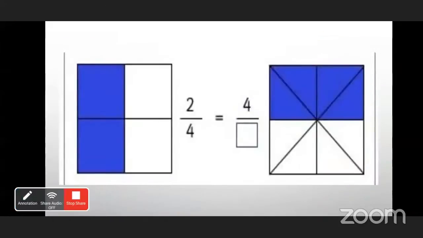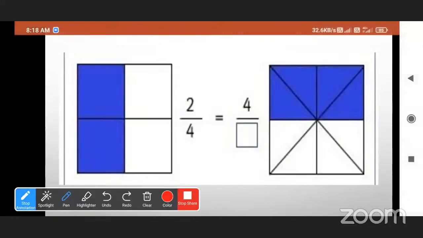Now, what will come in the box? 4 upon 8, because the total number of parts in this figure is 8. So we will write 8 here.